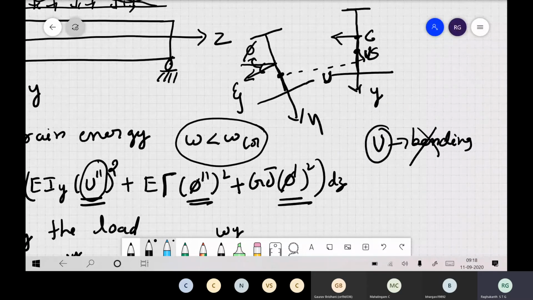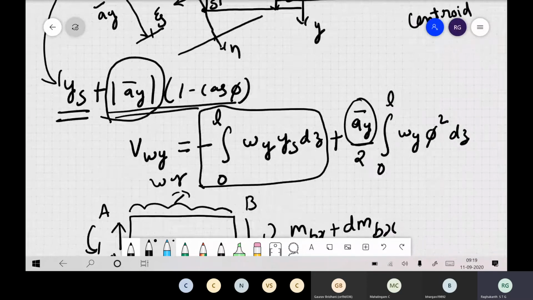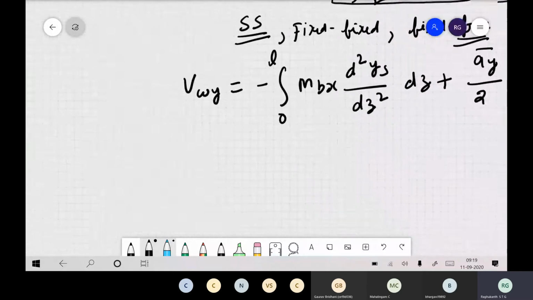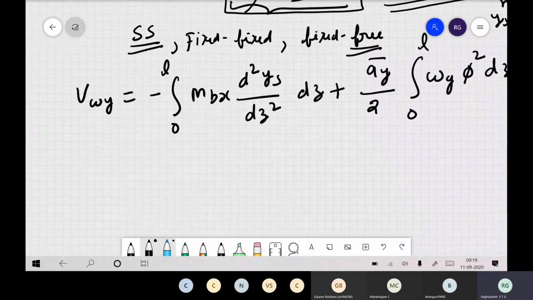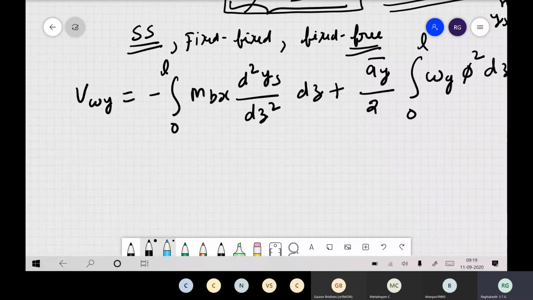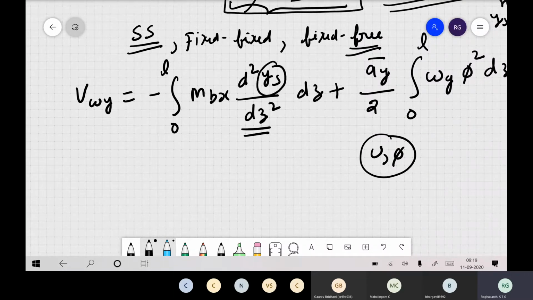Now in this work done by the load, we have ys here, which is nothing but how much the shear center has moved down. So now you have to convert this. If I want to combine all these things, you have u and phi, so finally you have to write everything in terms of these u and phi variables only. So this ys has to be related to u and phi itself.